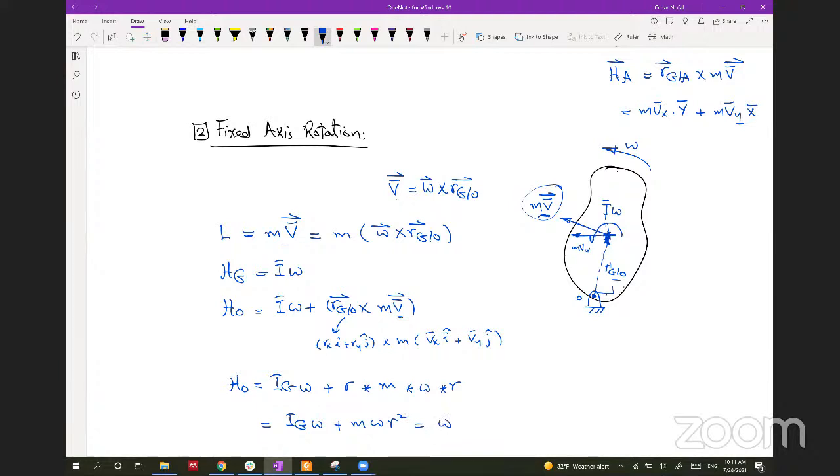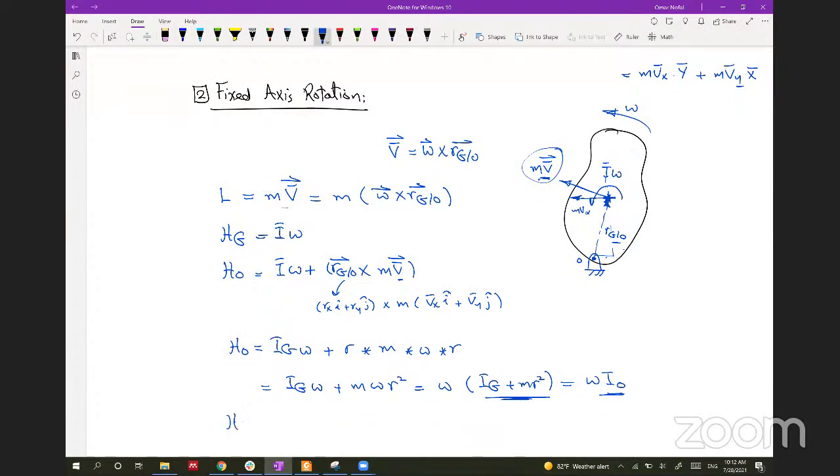If we take omega as a common factor, you will end up with I_G plus m r squared. And this is actually the parallel axis theorem, and this will be omega multiplied by I about O. So if you want to take the angular momentum about O, you either apply this, or you directly use I_O multiplied by omega.